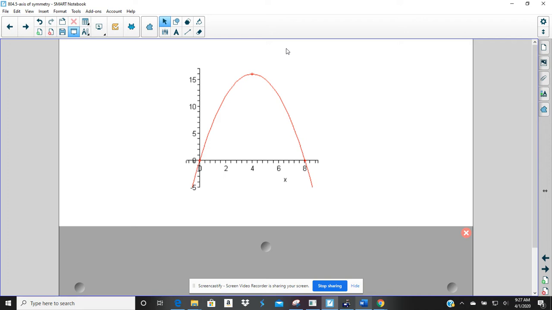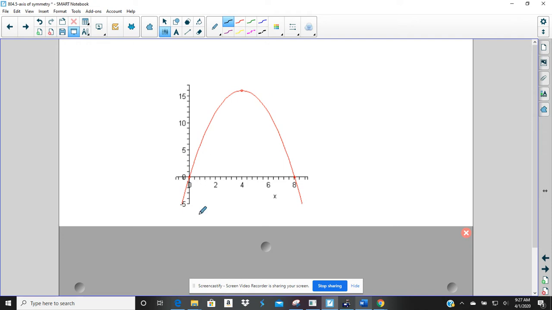I have a parabola, and I can see that its zeros are x equals 0 and x equals 8 because it's going through the x-axis at 0 and at 8.